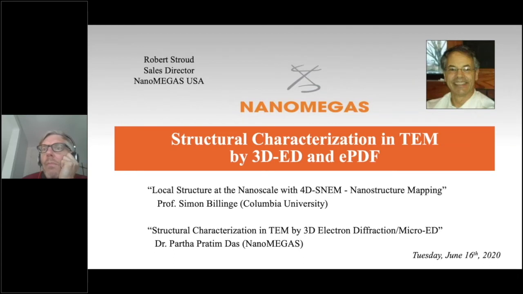Now it's my pleasure to introduce our first speaker, Professor Simon Billinge. Professor Billinge has more than 25 years of experience developing and applying techniques to local structure in materials using X-ray, neutron, and electron diffraction, including the development of novel data analysis methods, including graph theoretic, artificial intelligence, and machine learning approaches.